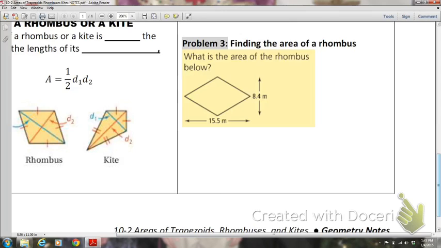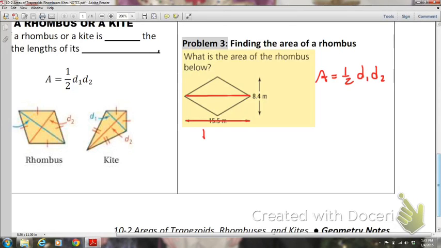Problem 3, you're finding the area of a rhombus. Remember, rhombus and kite, same formula. The area is 1/2 the product of the diagonals. So here, these measurements that they give you on the outside are actually your diagonal measurements, because this diagonal on the inside is the same as this measurement.